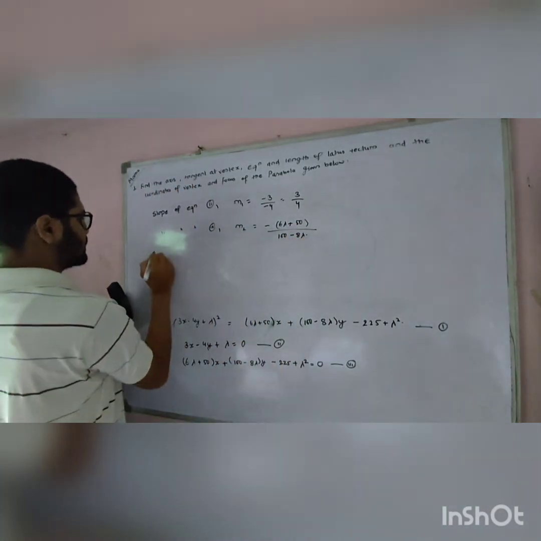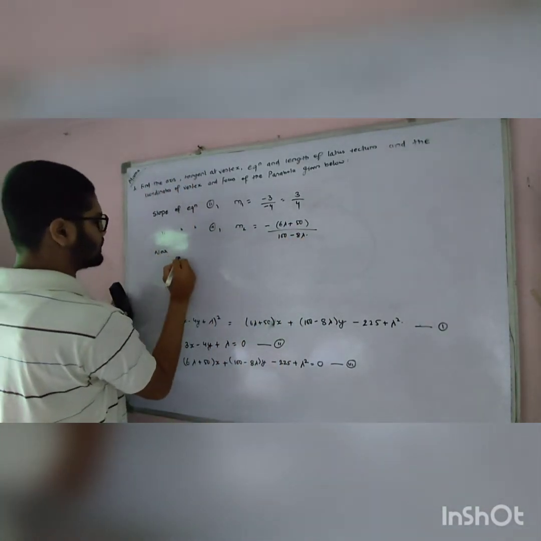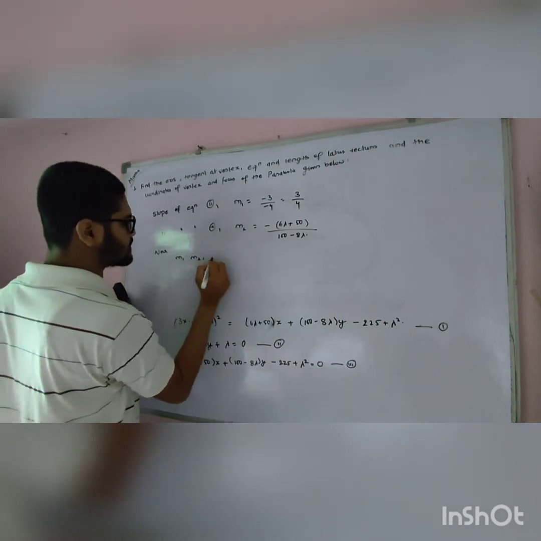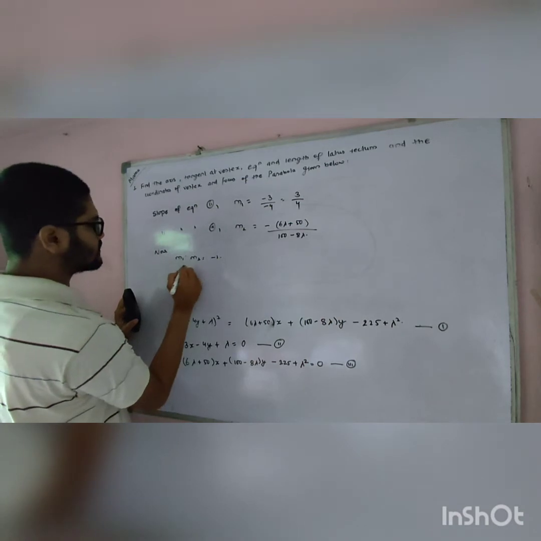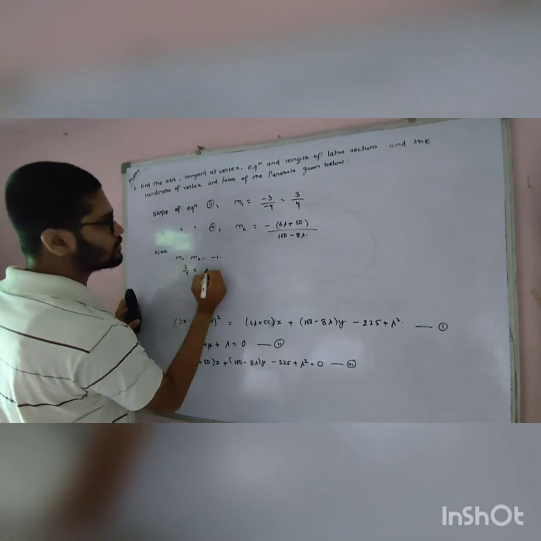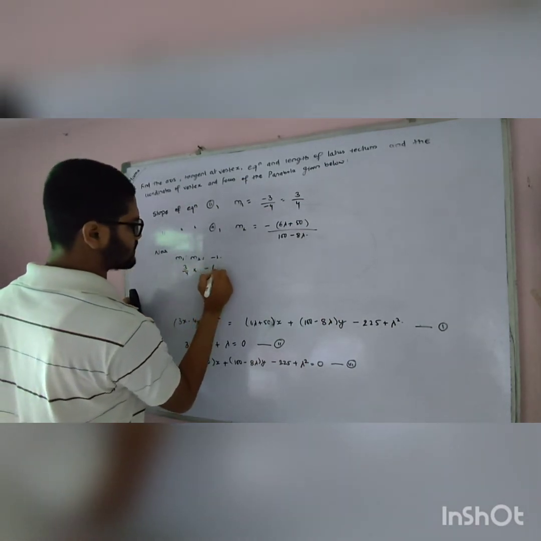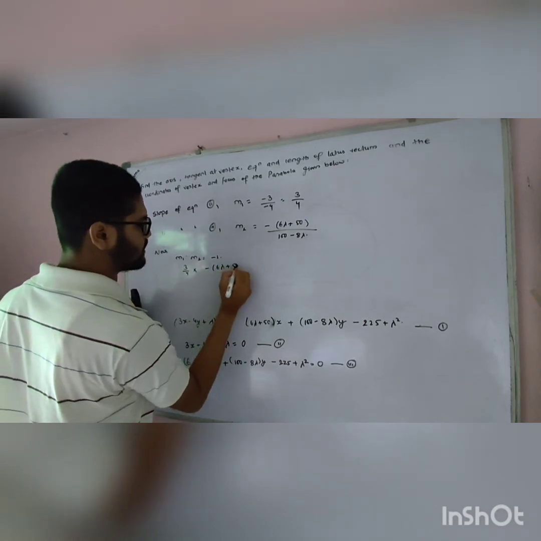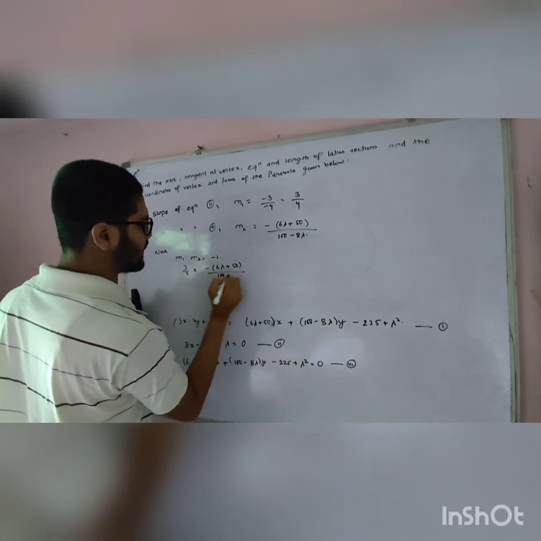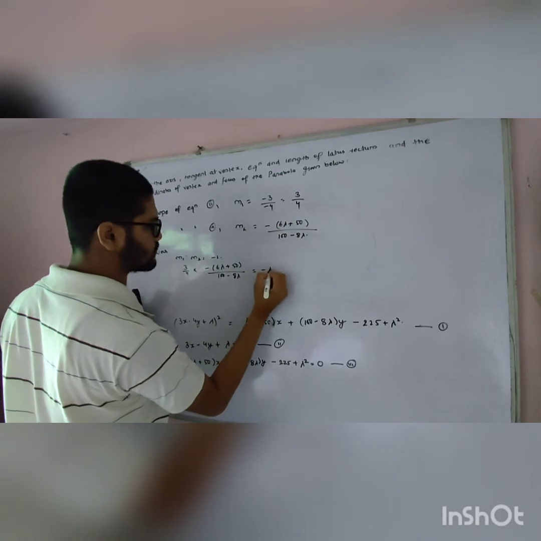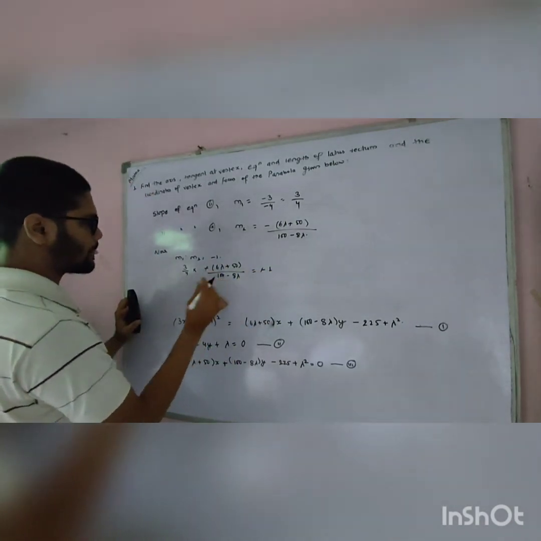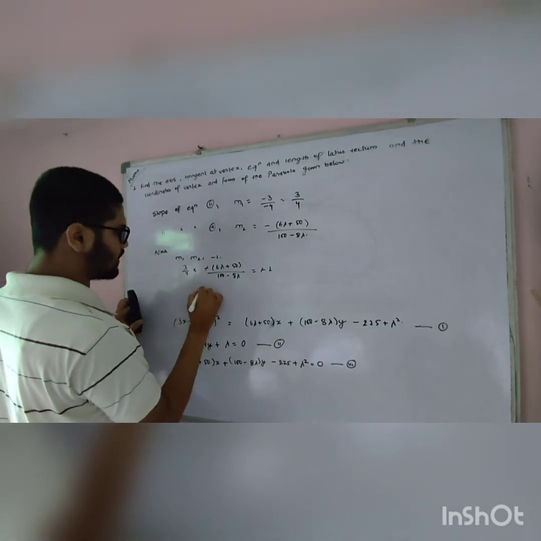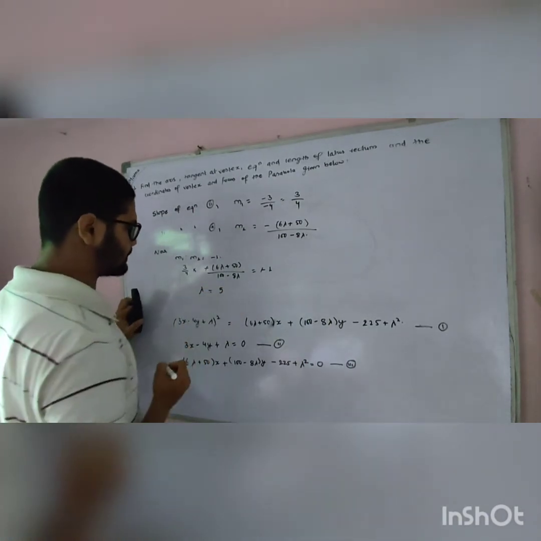Now m1 times m2 equals -1, so we will get 3/4 times -(6 lambda + 50)/(100 - 8 lambda) equals -1. The minus signs cancel. On solving this we will get lambda equals 5.